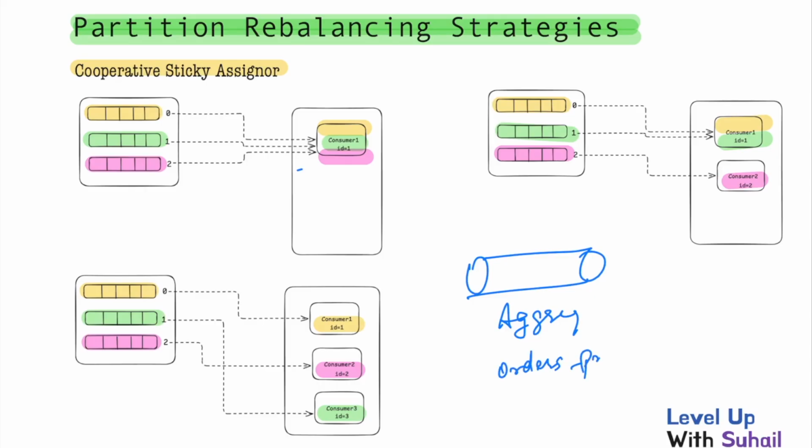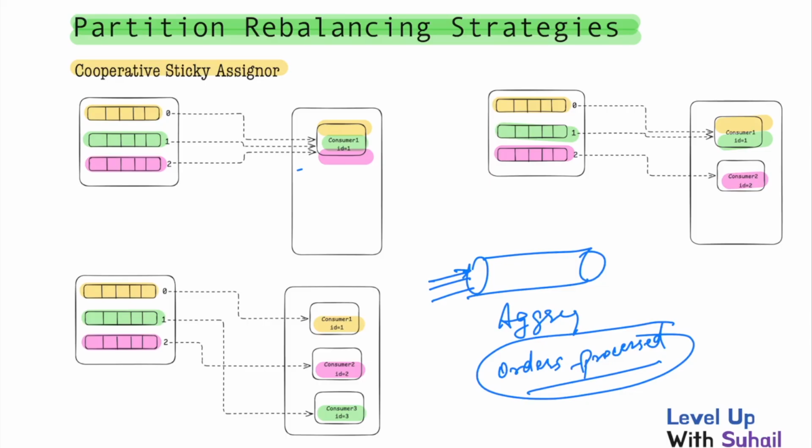Some aggregated data gets published onto this topic. Whenever the consumer comes up, it doesn't have any storage. It might need to get the last message to get the pre-populated value for the orders processed. So whenever the partitions are assigned, you might want to seek the offset to a particular position. Whenever the partition has been assigned, you might want to read the old message.